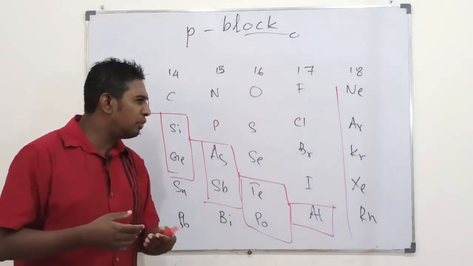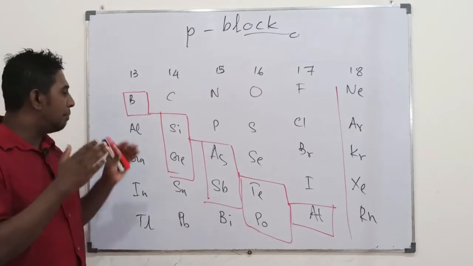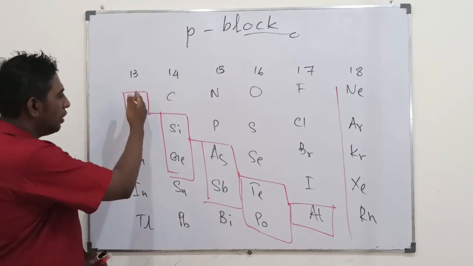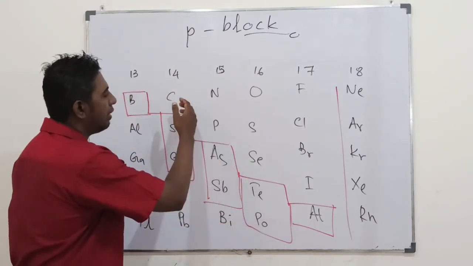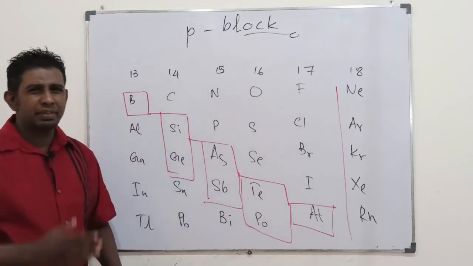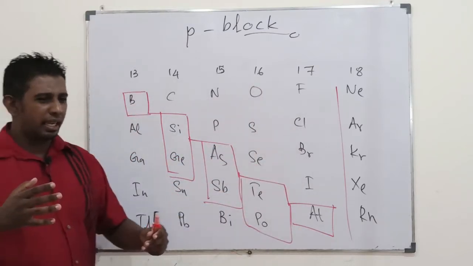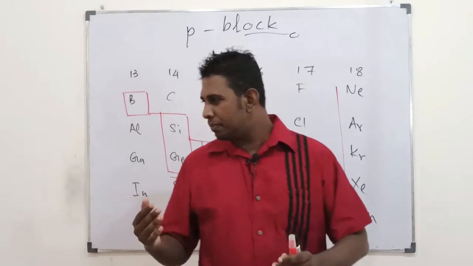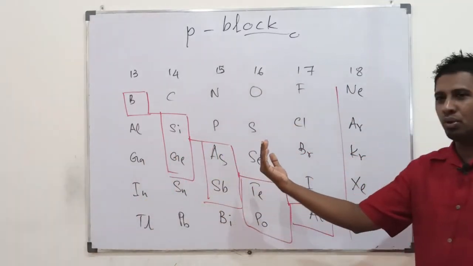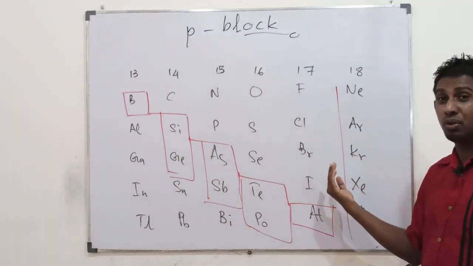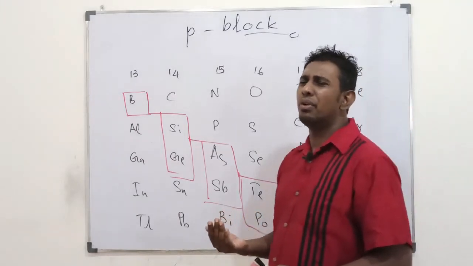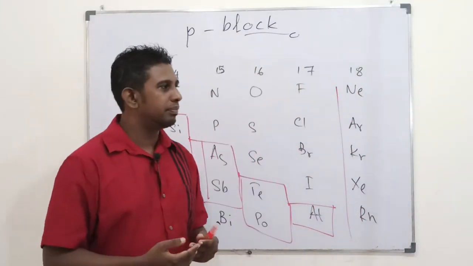So in that way you could name them metals, metalloids and non-metals. It's now very clear that they change their properties from metals through metalloids to non-metals.